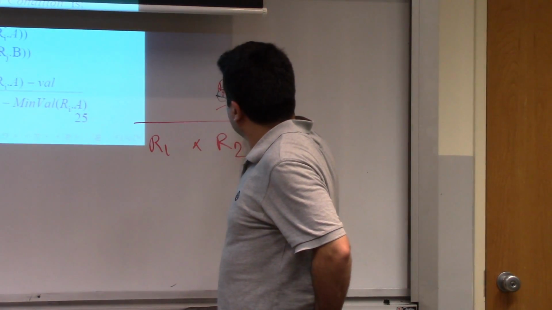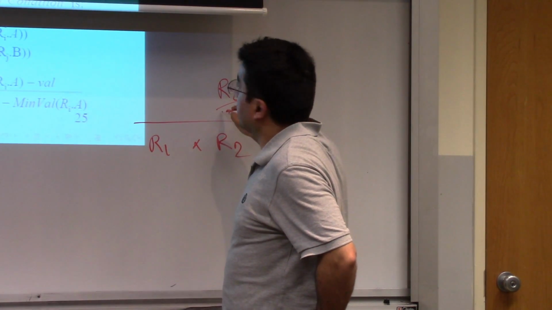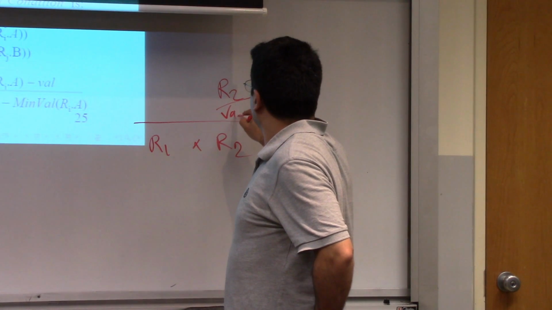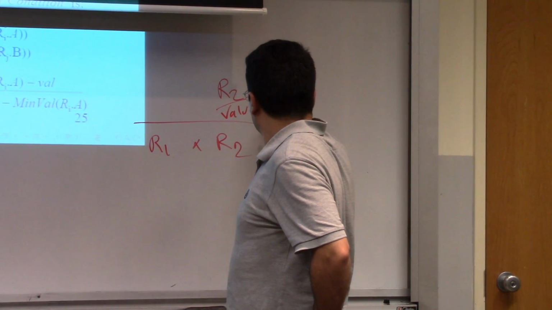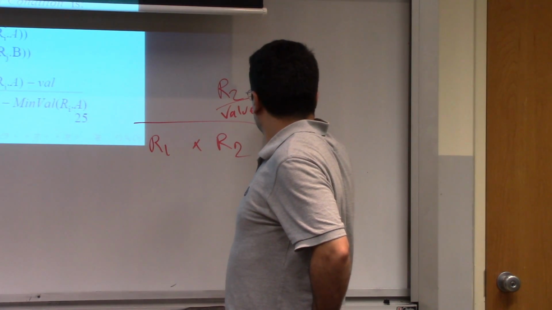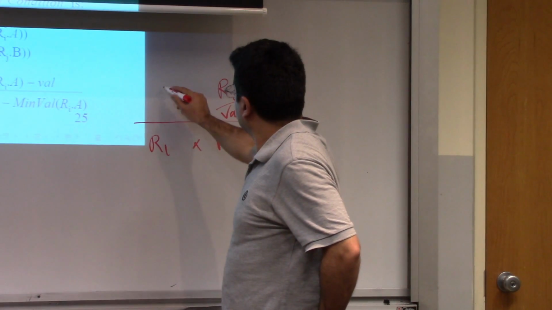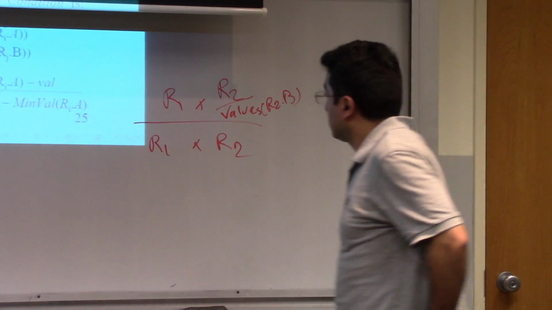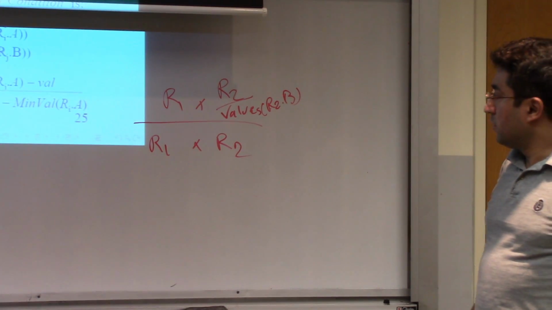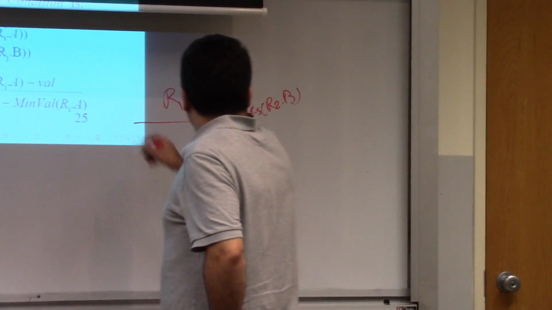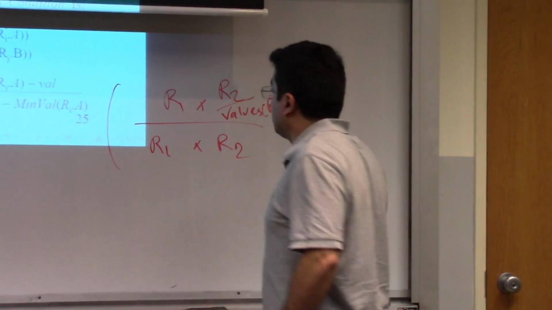R2 multiplied by distinct values of R. This is one possibility.